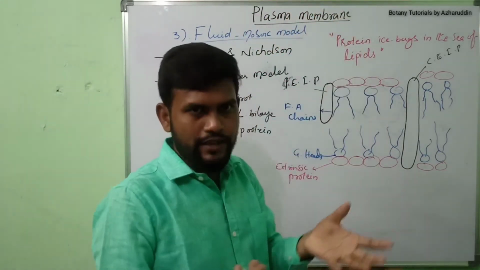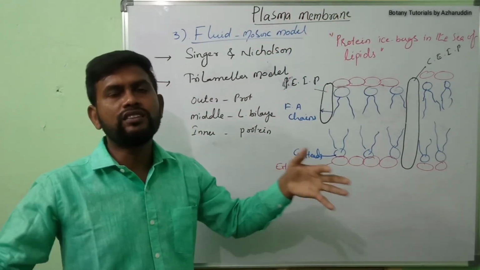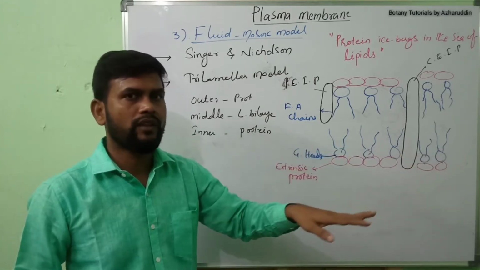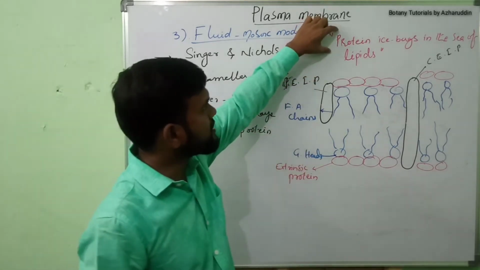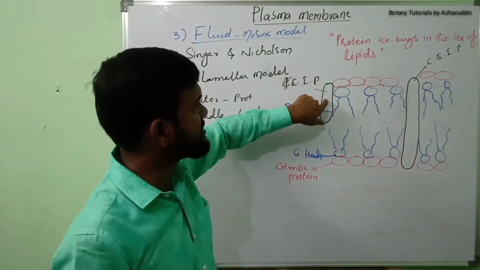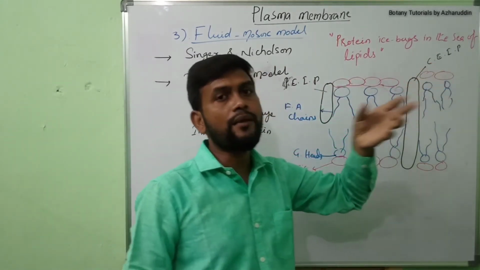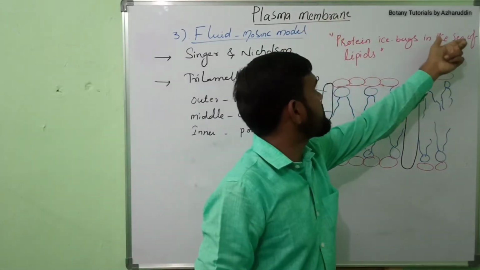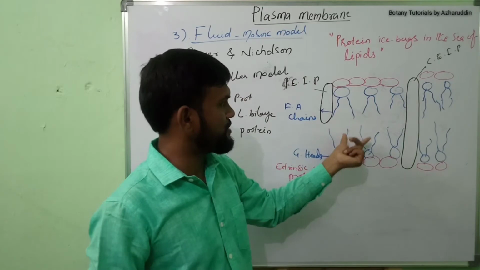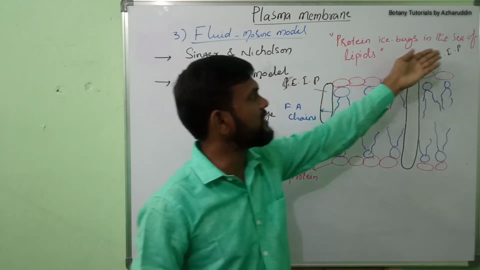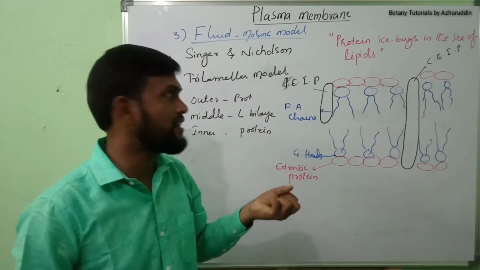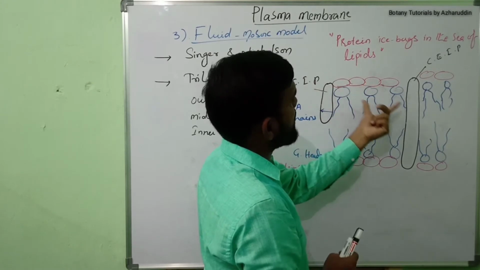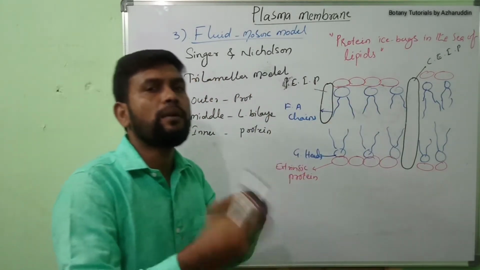Here, in a sea, large icebergs are present. They freely float in the water or fluid. Here, proteins are compared with icebergs. These intrinsic and extrinsic proteins are compared with icebergs, and the sea is compared with lipids. This lipid bilayer is compared with the sea, which is fluidic in nature, and in which proteins and lipids move from one place to another.